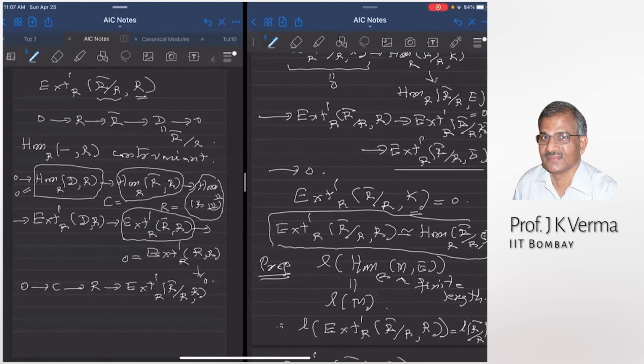What is the reason for Ext^1(R bar, R) to be 0? Once I prove that this is 0, it will follow. How to see Ext^1(R bar, R)?